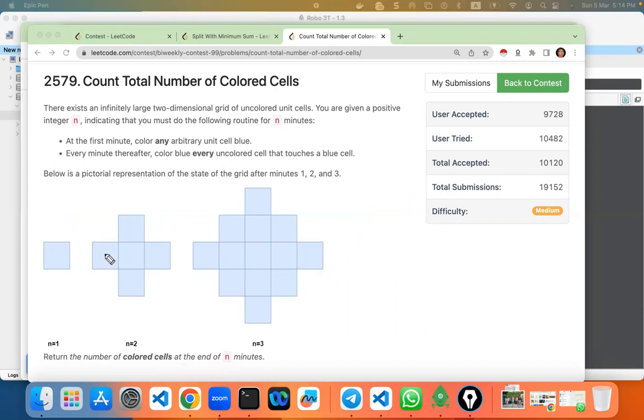For each step we can check how much we are adding: it is 4 plus 8 plus 12 plus 16 and so on. At 4 we are adding 16, right? So 4 into i tells us how much you need to add from the previous.